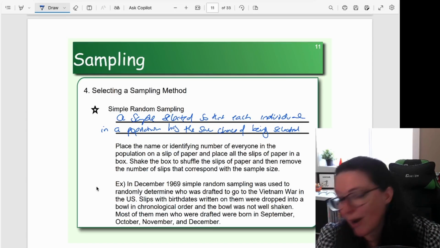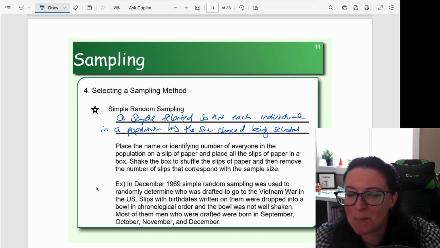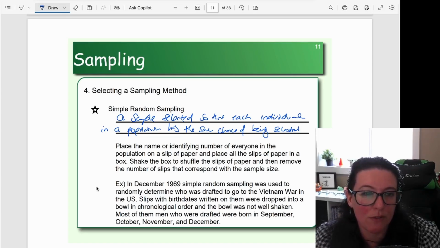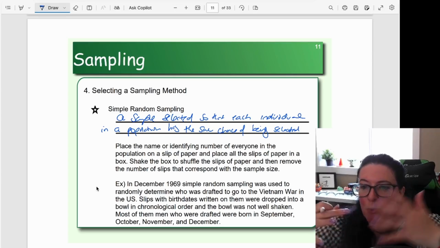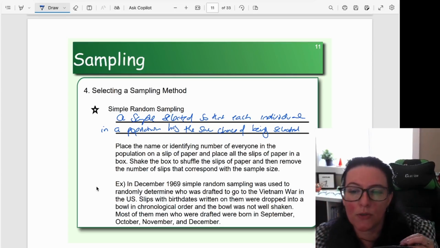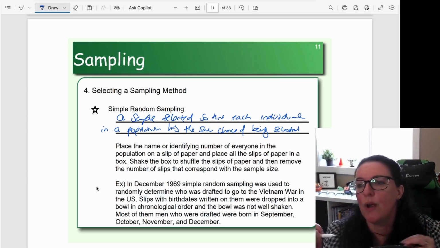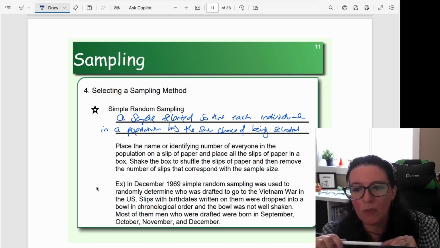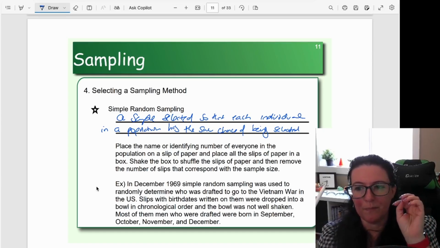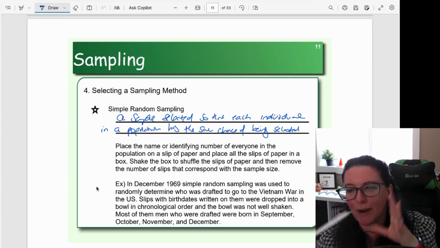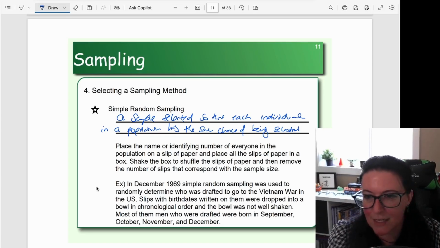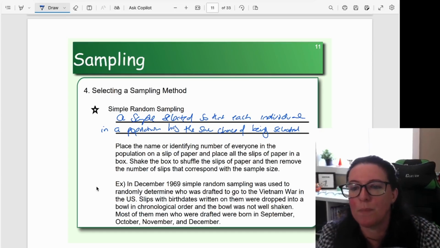An example of where this didn't work out is in December 1969, when they attempted to use simple random sampling to determine who was going to be drafted into the Vietnam War in the US. They put all the birth dates into a bucket: January 1st, January 2nd, January 3rd, and so on, all 365 days of the year, each on a slip of paper dropped into the bowl.